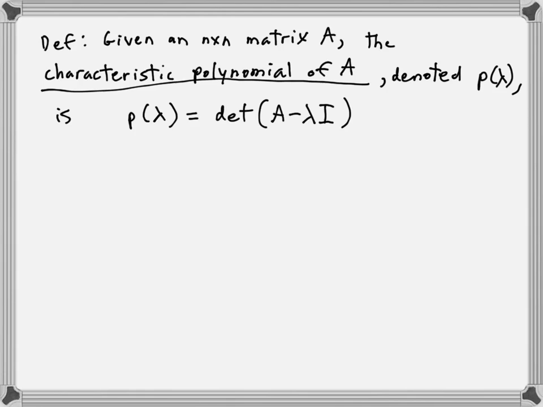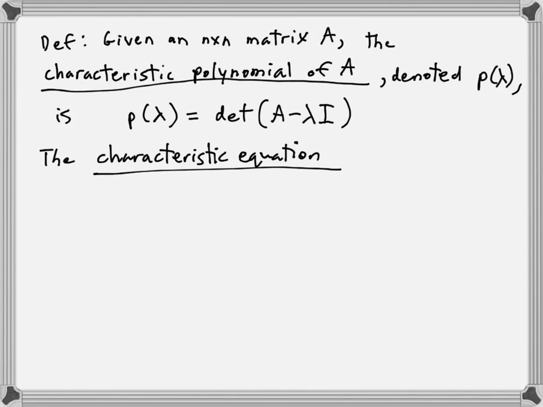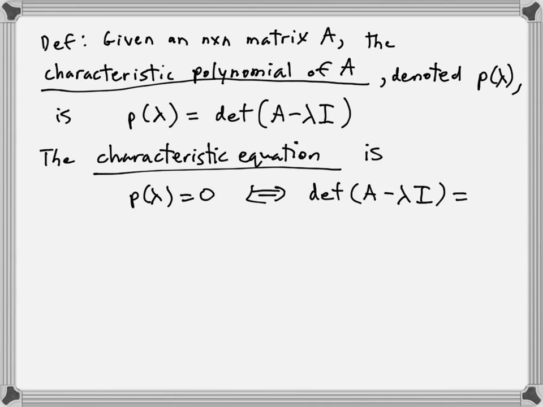Okay, so this is called the characteristic polynomial, and the characteristic equation is when you set that equal to 0. P of lambda equals 0, which is the same as the determinant of A minus lambda I is equal to 0.